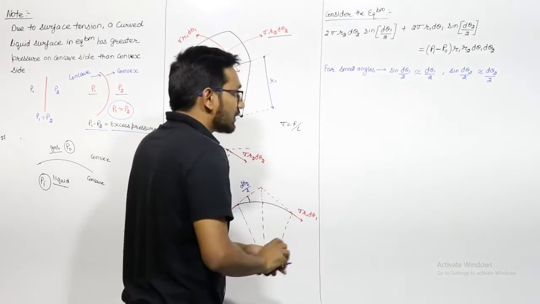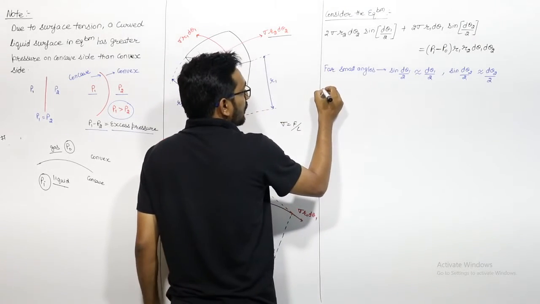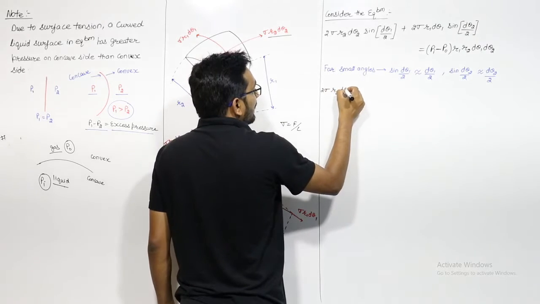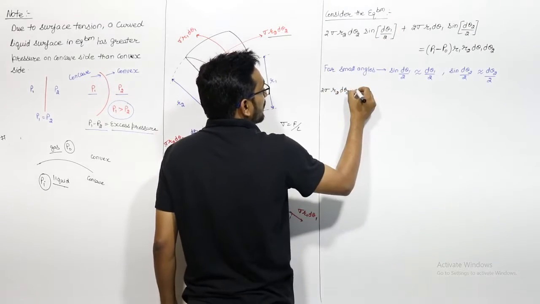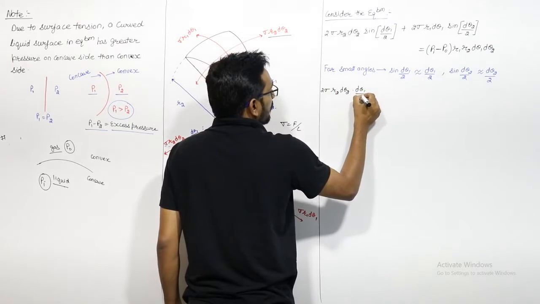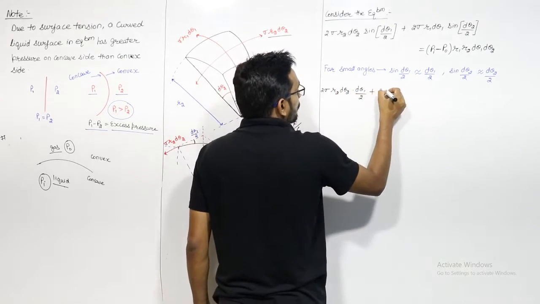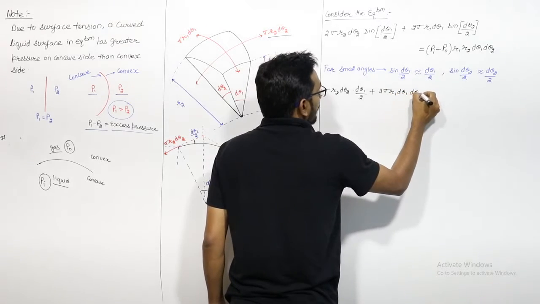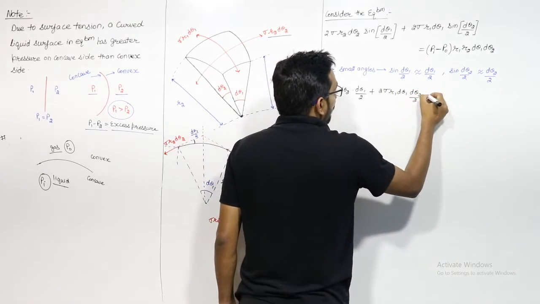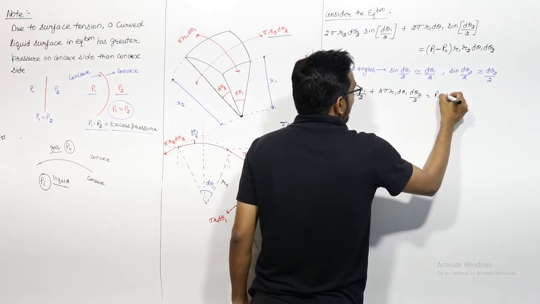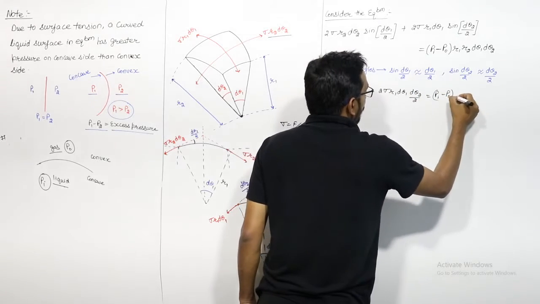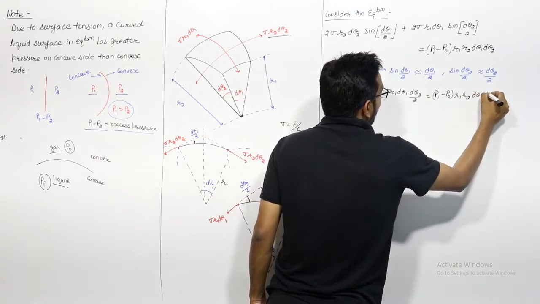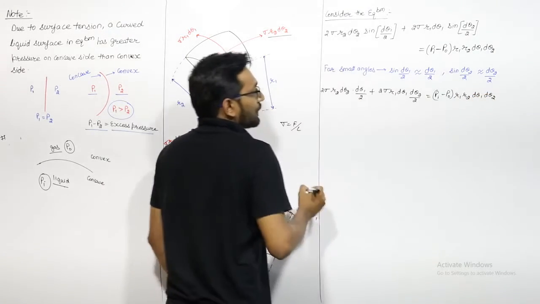If I put this, it will be 2 sigma r2 d theta 2 into d theta 1 by 2, plus 2 sigma r1 d theta 1 into d theta 2 by 2, equal to Pi minus P naught into r1 r2 d theta 1 d theta 2.